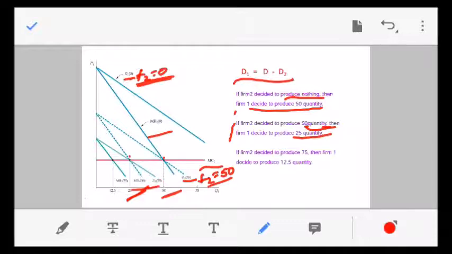Again, if firm 2 decides 75, then firm 1 decides 12.5. D175 is the demand curve faced by firm 1 when firm 2 is producing 75 units, so MR175 is the marginal revenue curve that intersects the marginal cost curve at this point.